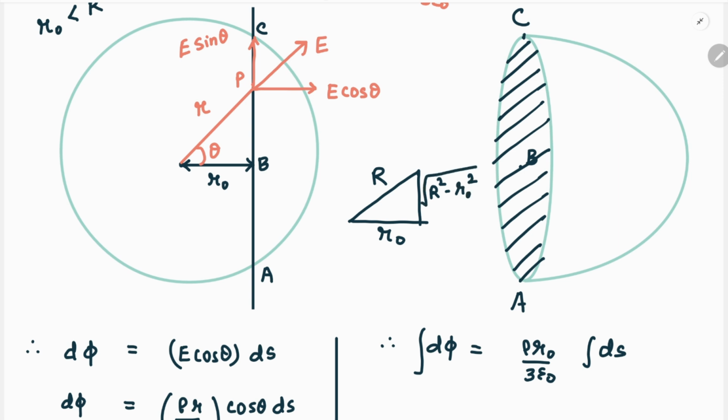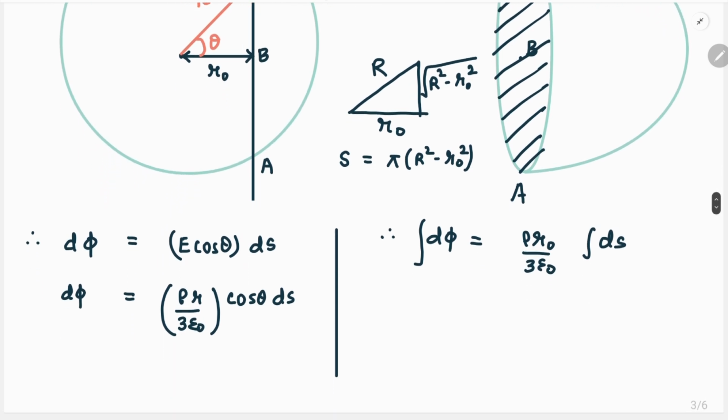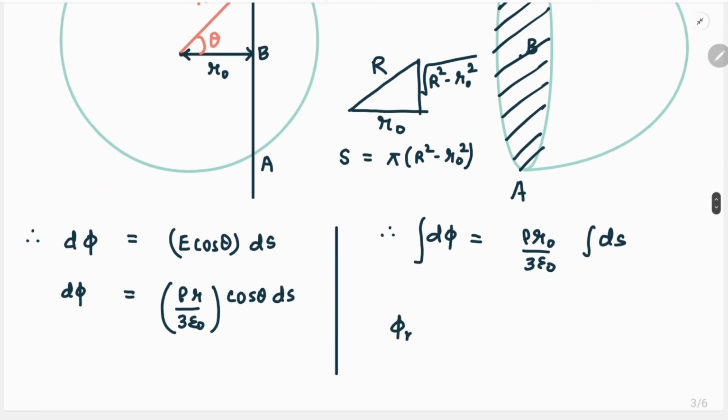Putting the area, integration of ds, as S equals pi times R square minus r0 square, we get the final answer: phi net through this surface is equal to rho pi r0 (R square minus r0 square) by 3 epsilon naught.